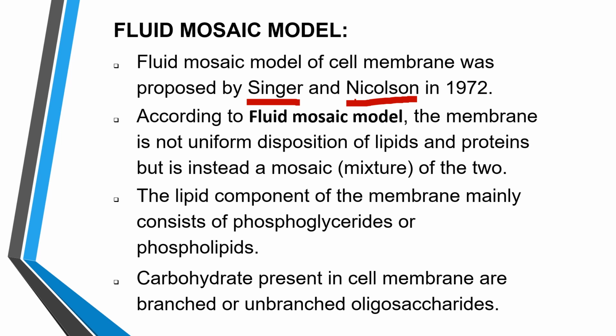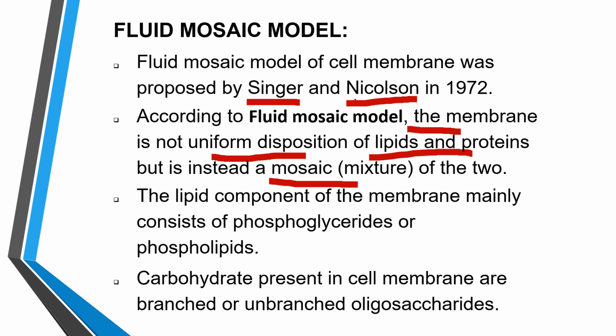According to this model, students, the membrane is not a uniform disposition of lipids and proteins, but is instead a mixture of the two. This was an important point that was missing in the first two models. Here it is clearly said that the cell membrane has lipid and protein in a mixture.